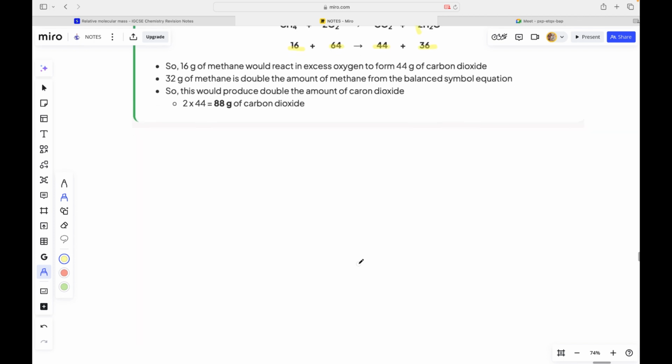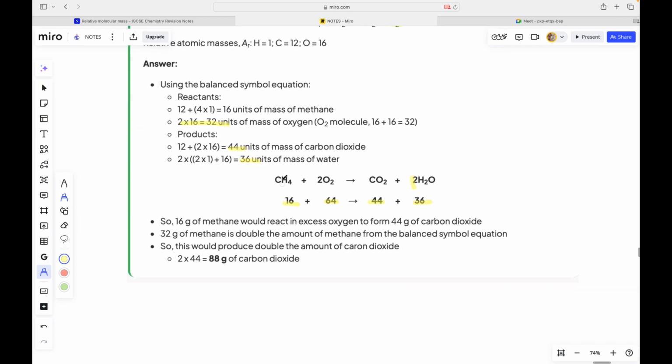The question said 32 gram of this one. What will be the mass of carbon dioxide produced?